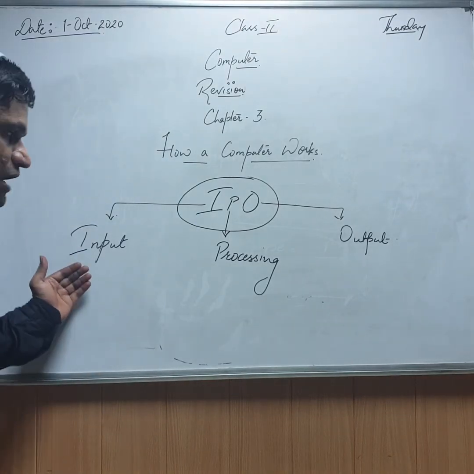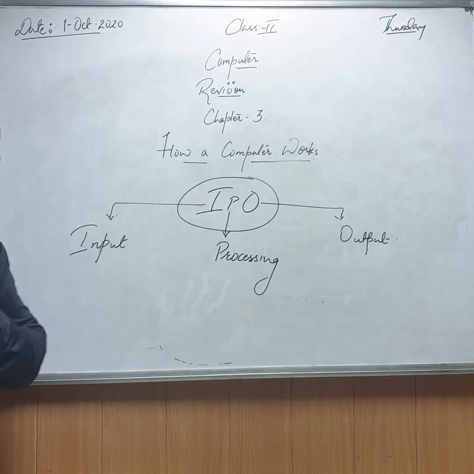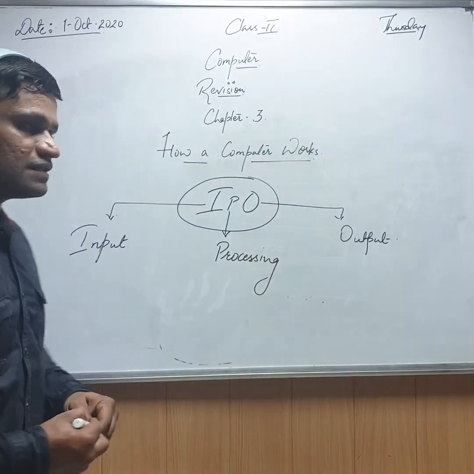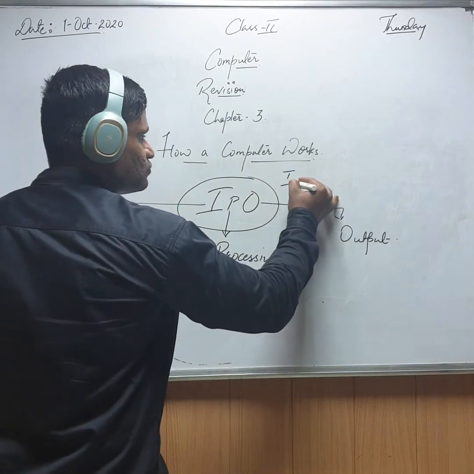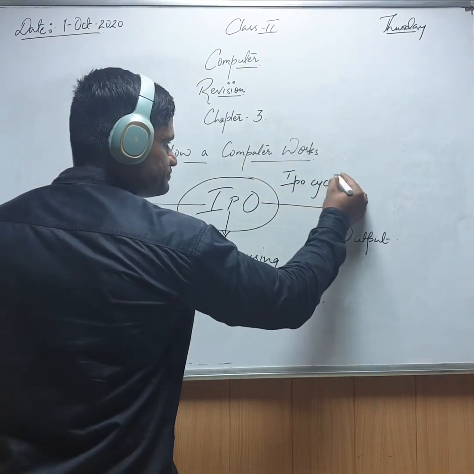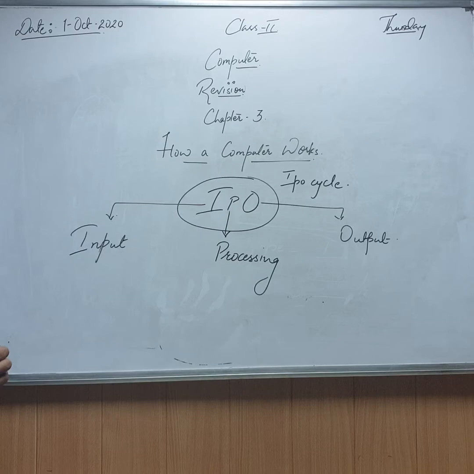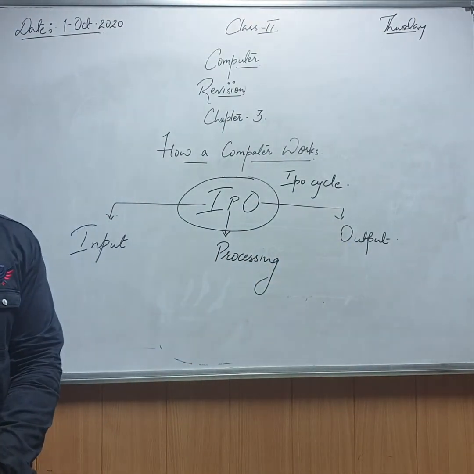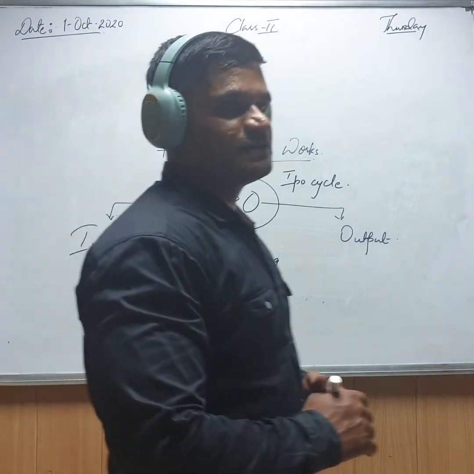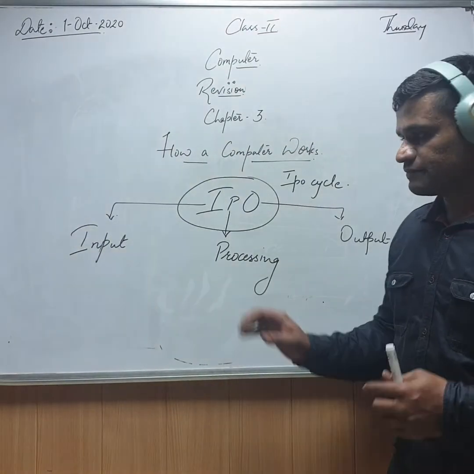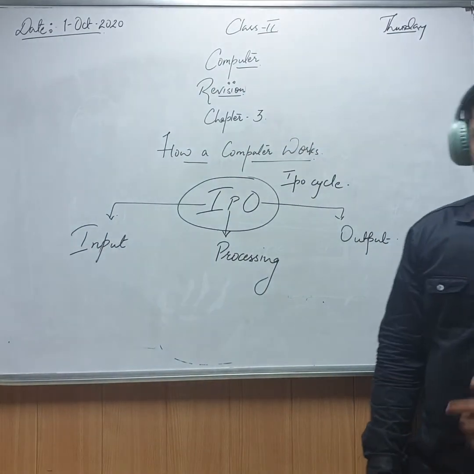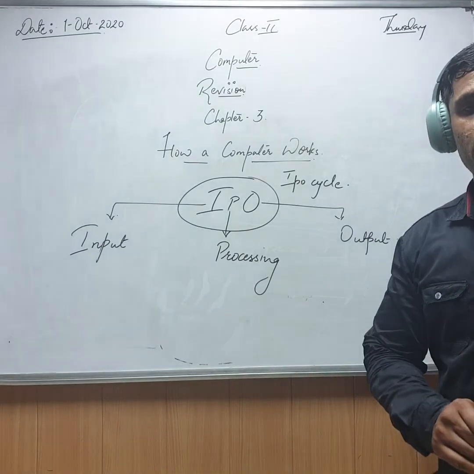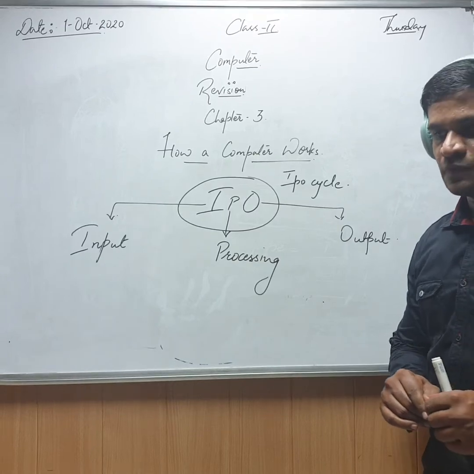Basically, the computer performs any given action on this cycle. This is known as the IPO cycle, or the elaborated form, input, processing, output cycle. The complete chapter is based on this itself. It tells you how the computer works, or how a computer performs its action.